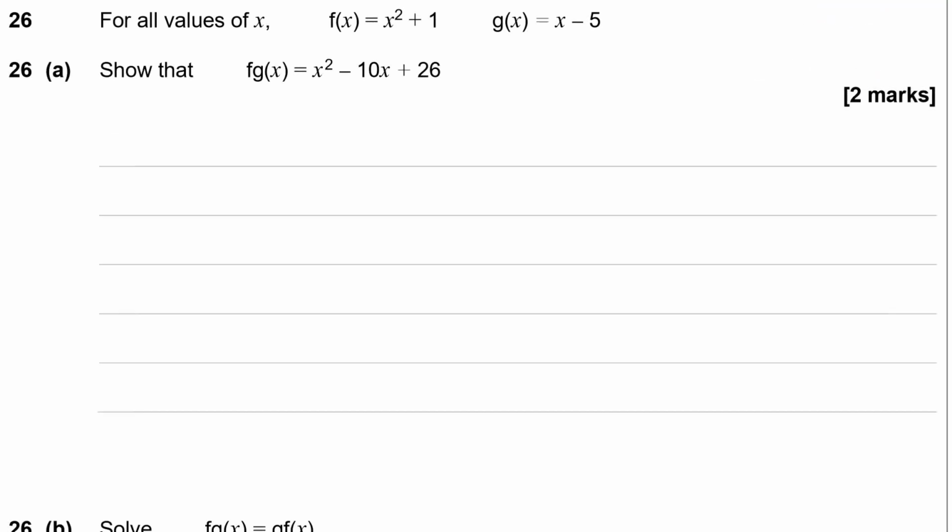In question 26, I've been given 2 functions of x, f of x equals x squared plus 1, and g of x equals x minus 5. I need to show that f of g of x is that expression there.